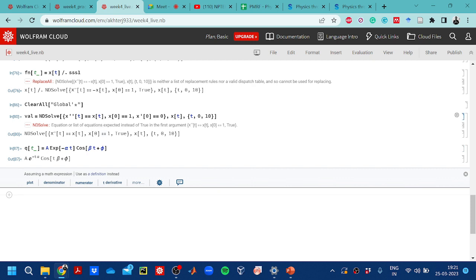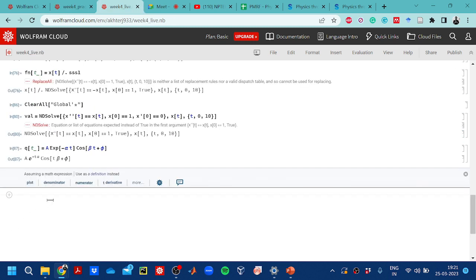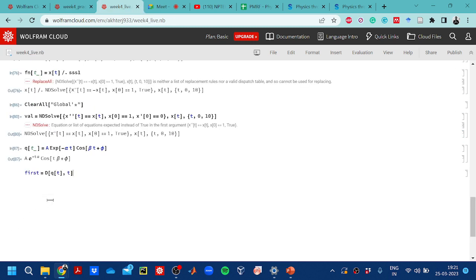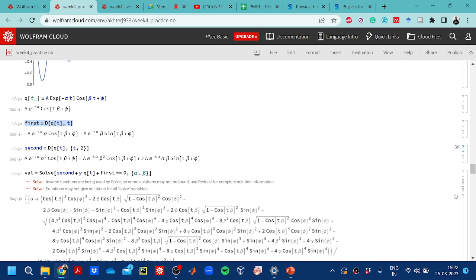So this is our functional form, and first what we have to do is evaluate the first order derivative. So let us do that. This derivative command will calculate the first order derivative of this function with respect to t. So if we do that, this is our first order derivative, and similarly we can calculate its second order derivative also.